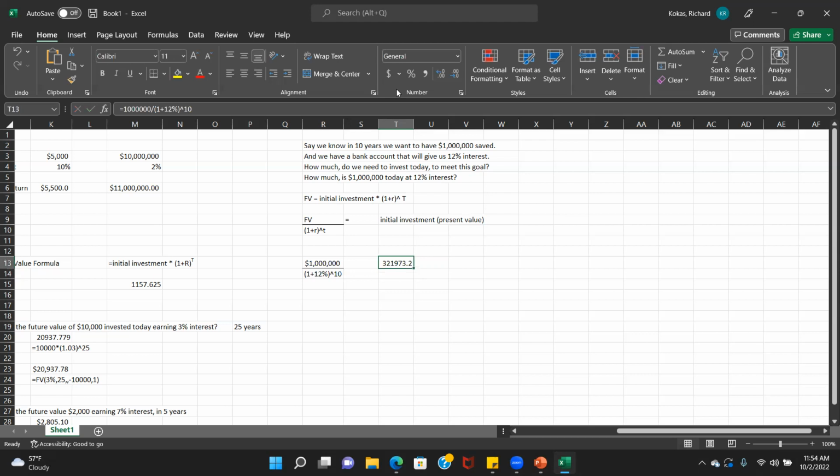And what we get here, we need to invest $321,973 today for it to turn into $1 million in 10 years if we have 12% interest. Let me copy that down so you can all see.